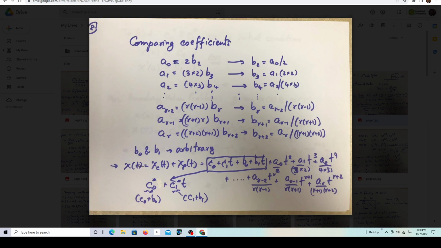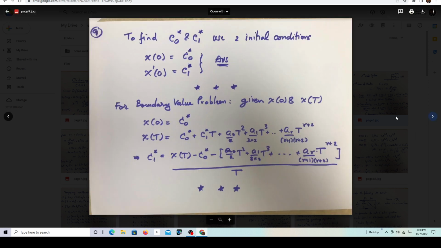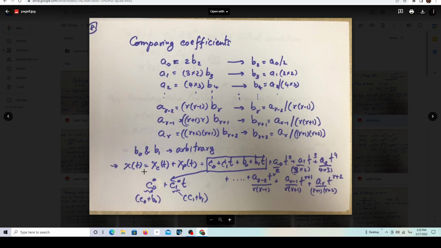You are substituting small t by capital T. This is not a condition on any derivative form, so you need to use the direct x of t function that you derived here.